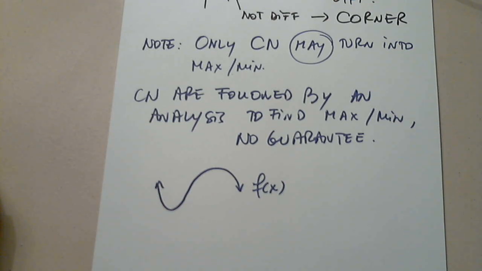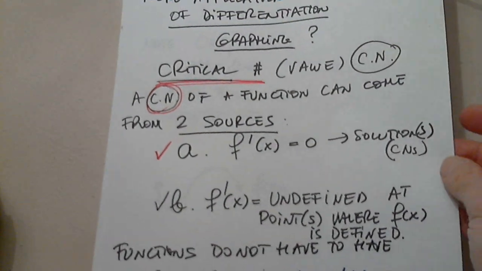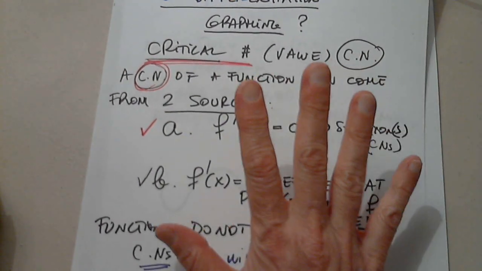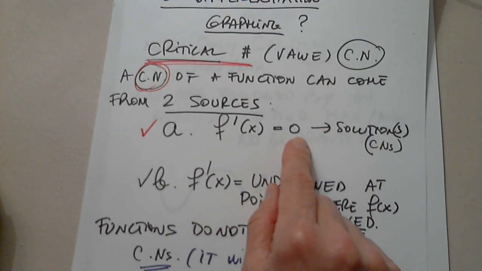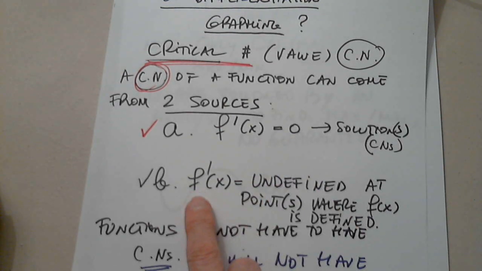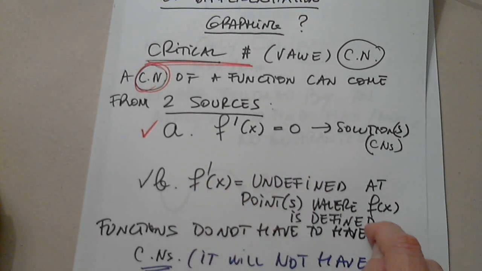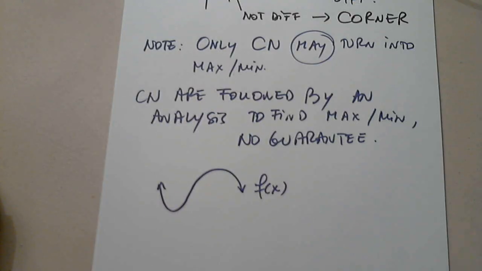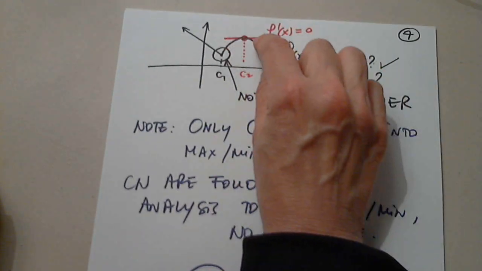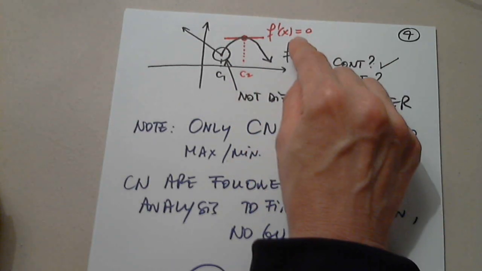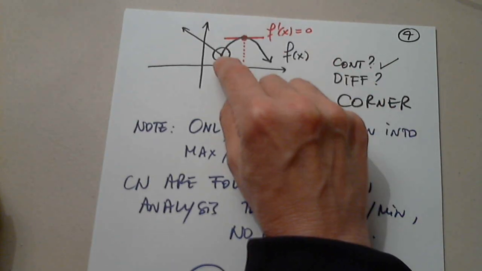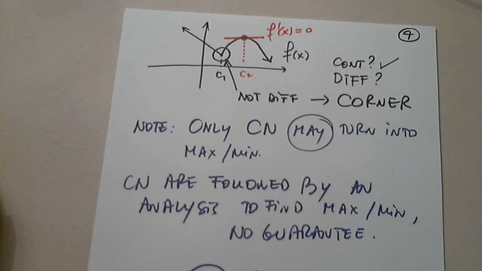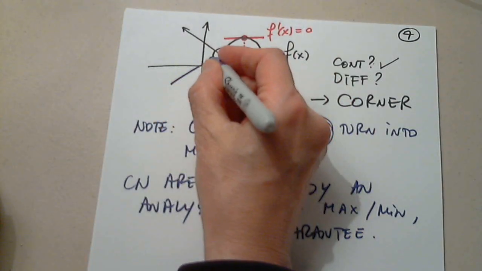It's confusing. It's a lot of information all at once. So critical numbers can come from f prime being 0, or from f prime being undefined, where the function exists. This is from f prime being 0, and this is from f prime being undefined.